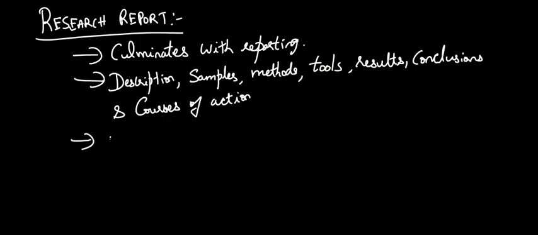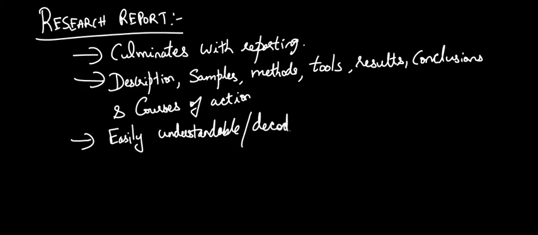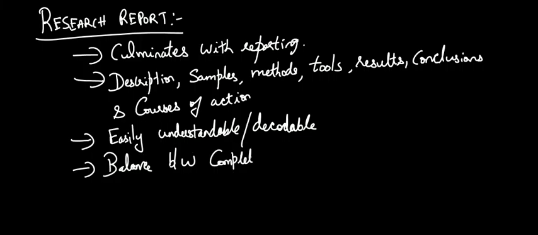It should be easily understandable, or in other words, it should be easily decodable by the reader. And for this to happen, there should be a balance between completeness and conciseness. The report has to be complete, and at the same time it should be concise enough.